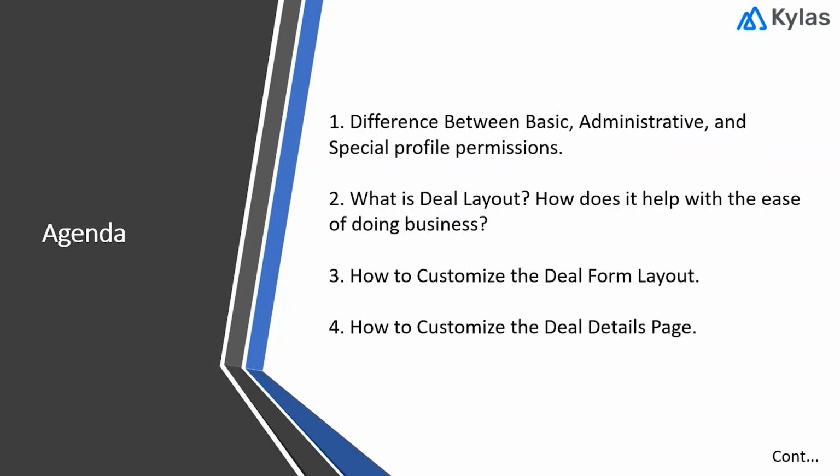So first, I would like to give a business use case that will help understand the use of deal layout. In our organization, we work with different teams who have different responsibilities towards getting the customer and moving them to a business, and in this process, they would be required to fill in different information in the forms that are available in this system.